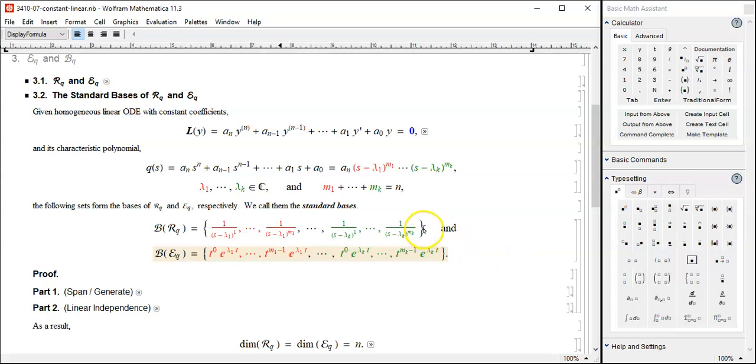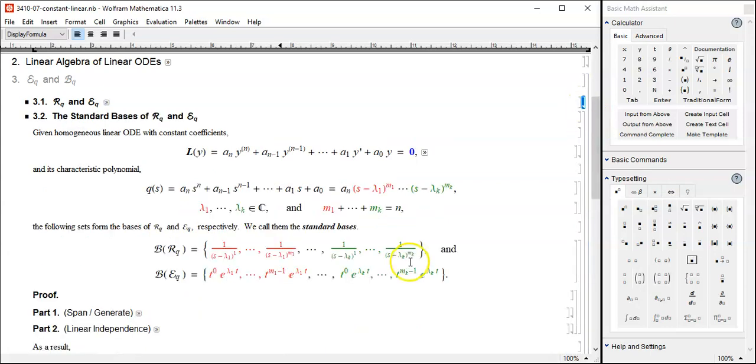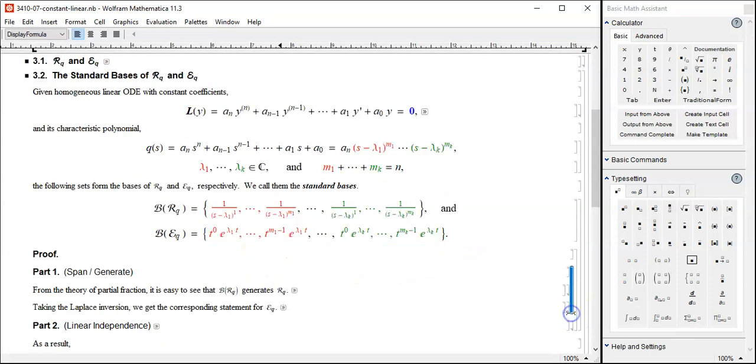Okay, let's begin. Let's go ahead with the first line here. Let's prove that these fractions generate or span entire RQ. That is, any arbitrary element here, R of S over Q of S, by the way, that's the definition, can be written as a linear combination of these fractions. Okay, ready? Here we go.